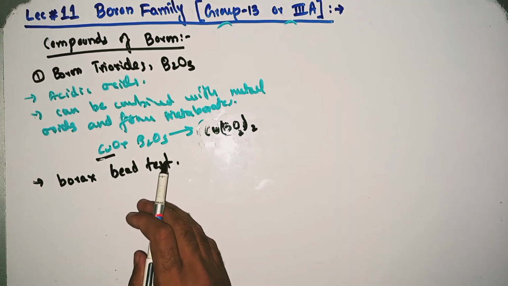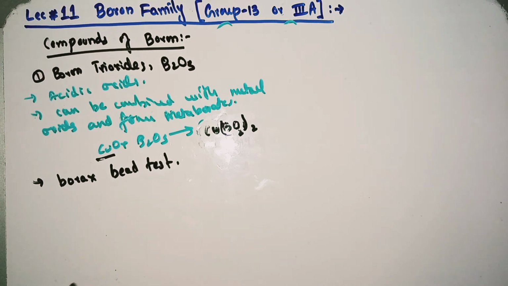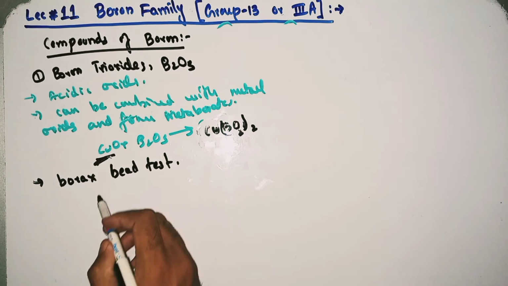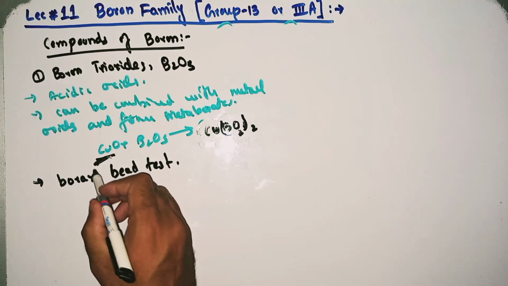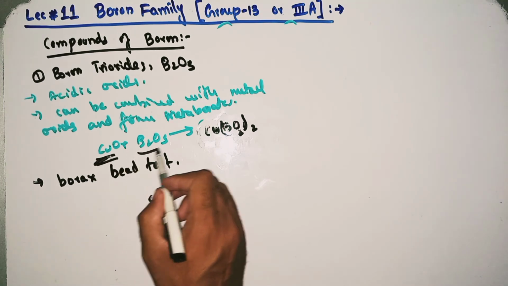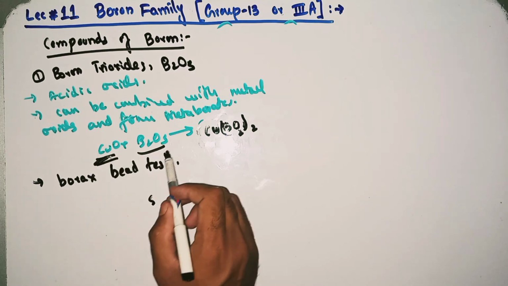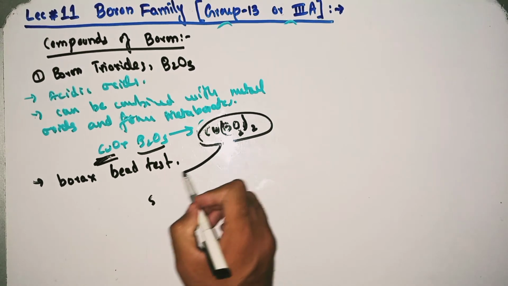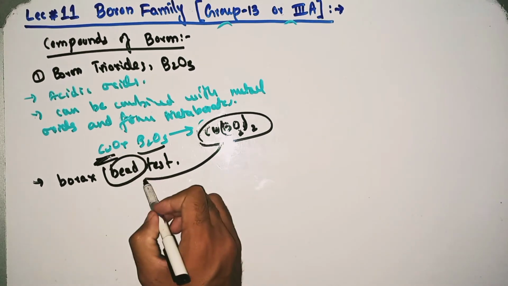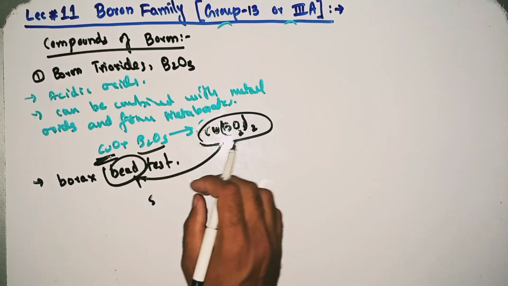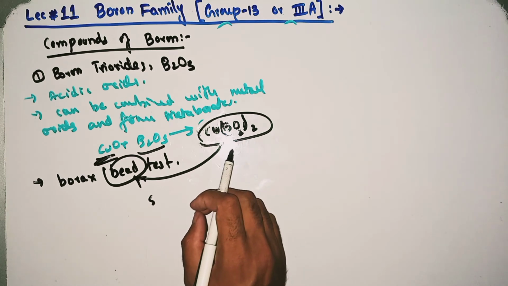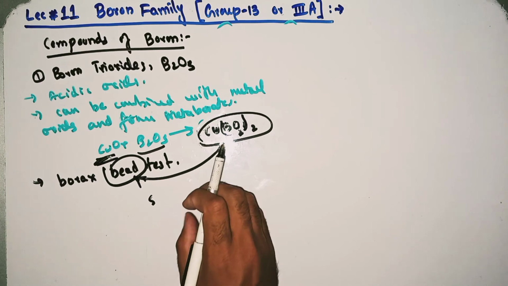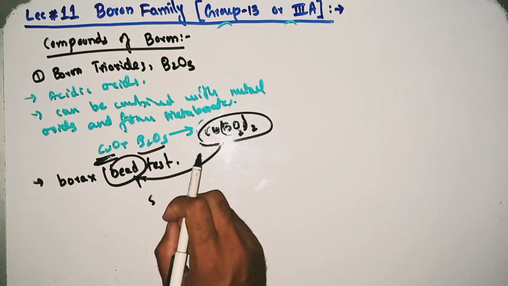When a small amount of salt is mixed with boric acid, a molten bead is formed at the end of a platinum wire. Certain metals can be identified by the color of the beads.